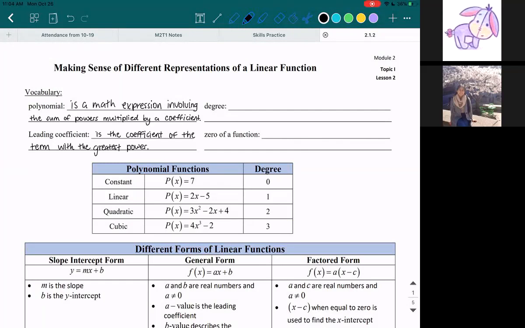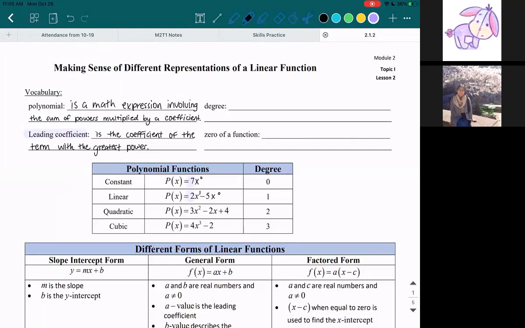Let's take a look at the constant one. So this one has the power of 0. It's the only term there, so the leading coefficient, which I shall now highlight in purple, is 7. In the linear, we have a power of 1 and a power of 0. 1 is greater than 0, so 1 is the greatest power. The coefficient in front of that is 2, so therefore the leading coefficient is 2.